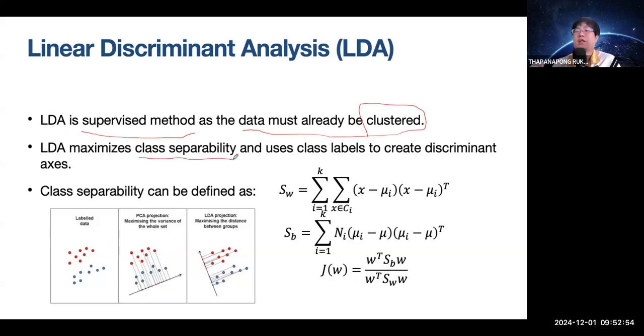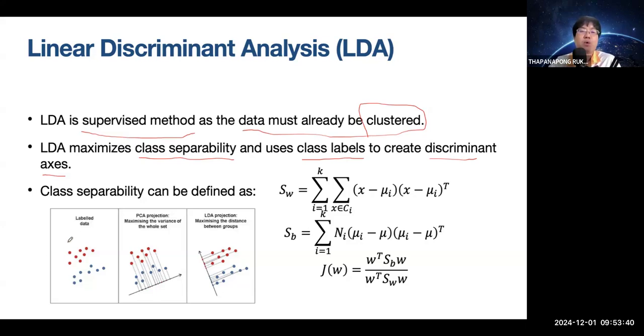So if the data belong to different classes or different clusters, when you map onto a lower dimensional space, that data should be far apart because they come from different clusters. They use the class label to create a discriminant axis. So there's no covariance, no eigenvector, no eigenvalue. It's going to use a similarity measurement to decide which axis we want to project our data on.